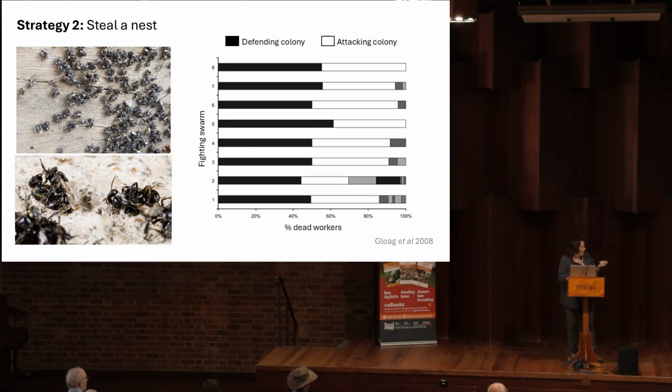And you will see that there are some little grey bars in some of these instances. Those were workers from other colonies, but which were likely either innocent bystanders from the same bee yard that were getting caught up in the fight, or possibly there were other colonies in the neighbourhood who thought, I might have a go and see if we can sneak our queen in amongst all this chaos.